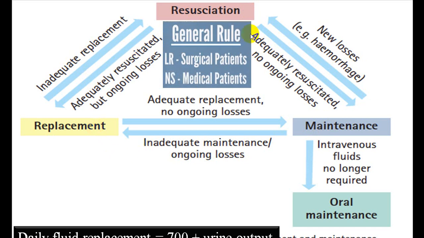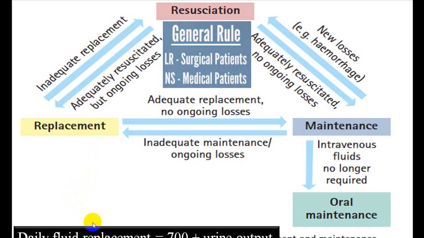So you should understand that a person who is under resuscitation can become stable and then he requires maintenance, or he is still not adequately resuscitated but there is an ongoing loss. He will require replacement, that is maintenance plus ongoing losses replacement.